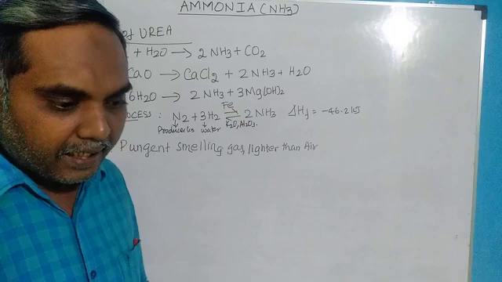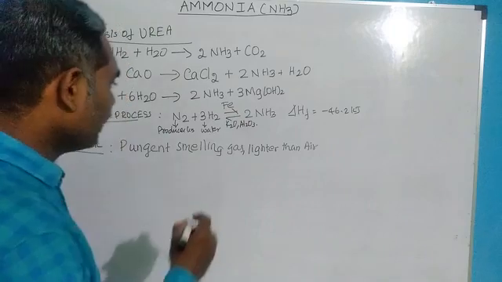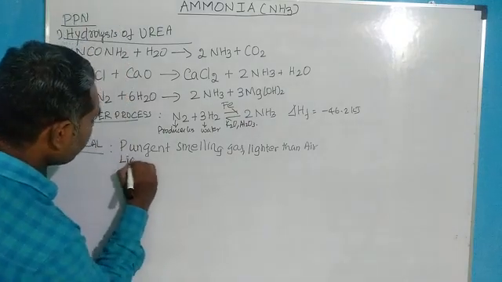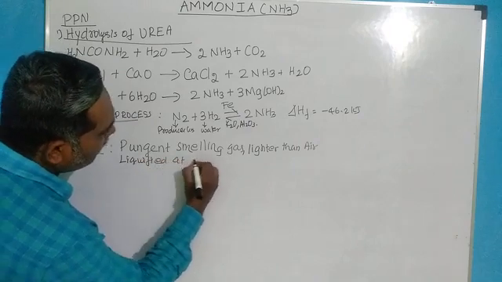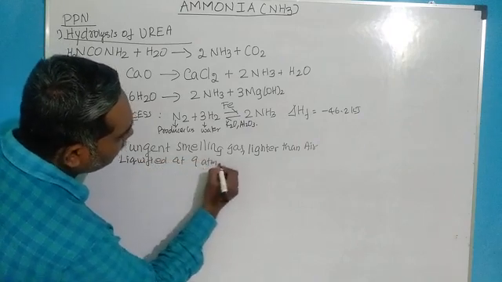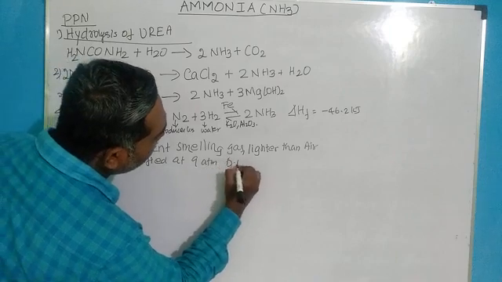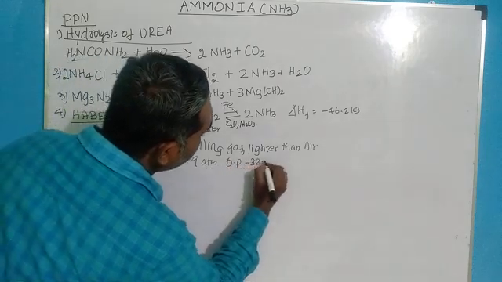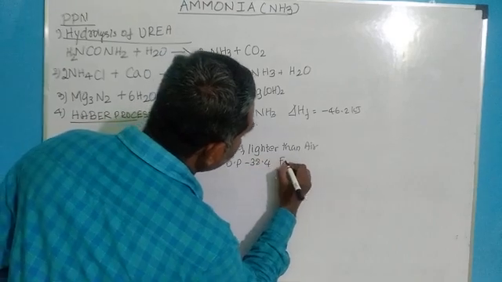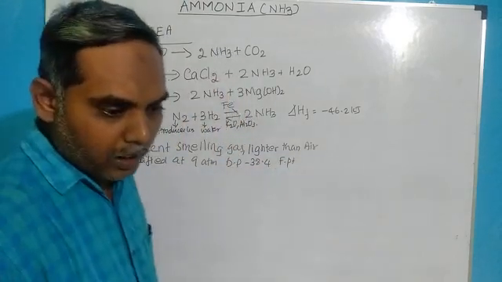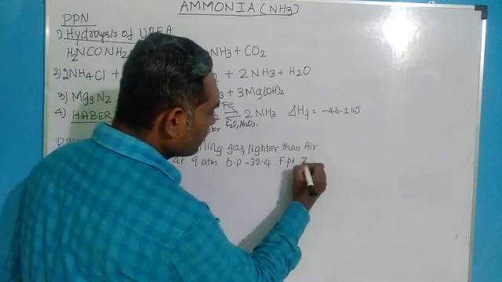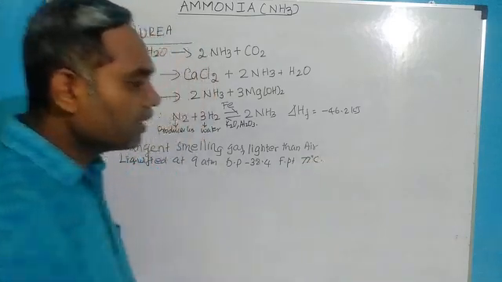Second thing, it is lighter than air. It can be liquefied at 9 atmospheric pressure. Its boiling point is around minus 33.4 and freezing point is around minus 77 degrees Celsius.